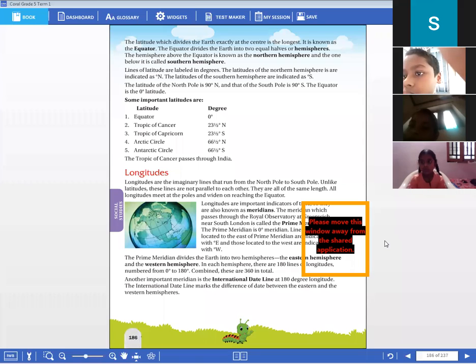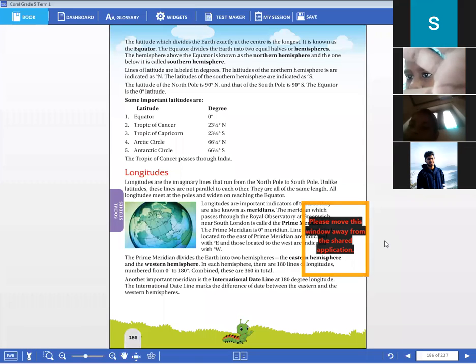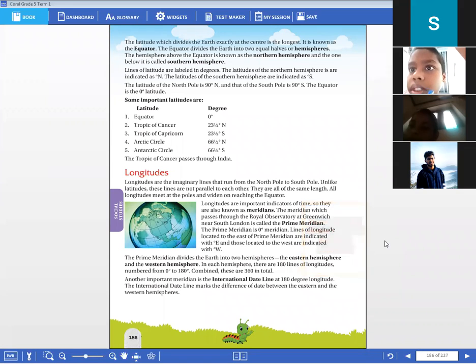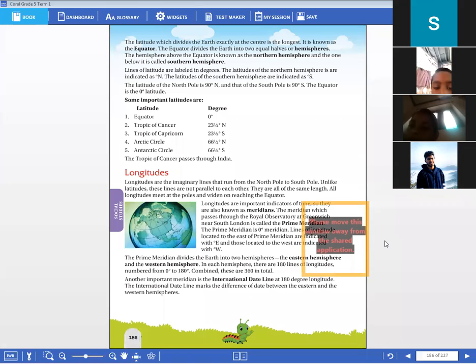What is the longest latitude known as? This page which I opened, at the first line of the page, you can see: which divides the Earth into two hemispheres. Yes, children, it is the equator.